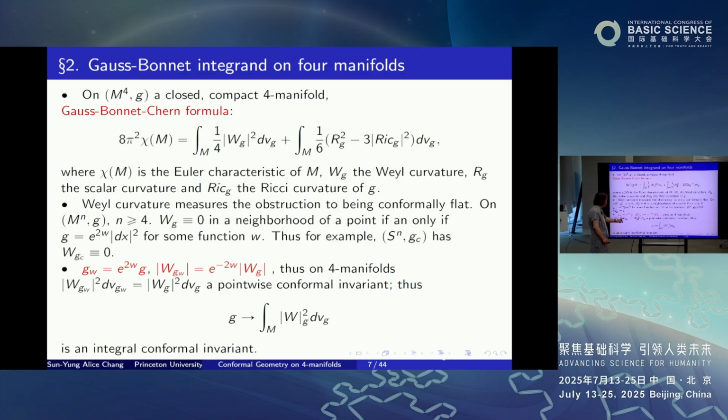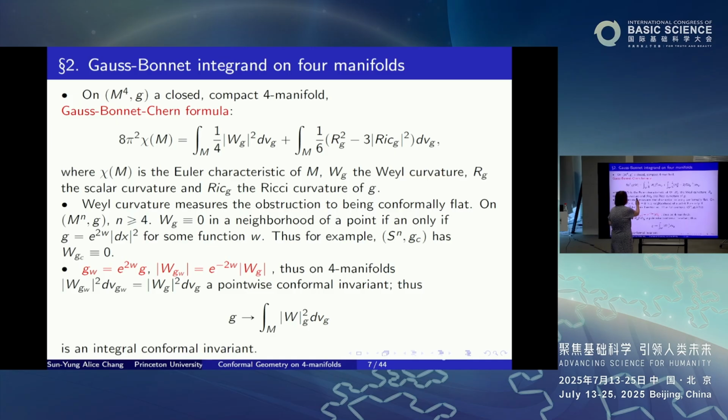And the other property is that it's a pointwise conformal invariant. So if one interchanges g and g_w, one pulls out a conformal factor. And it turns out if this looks like a d-volume in a 4-manifold, this pointwise invariant says the Weyl L2 norm is a conformal invariant quantity.